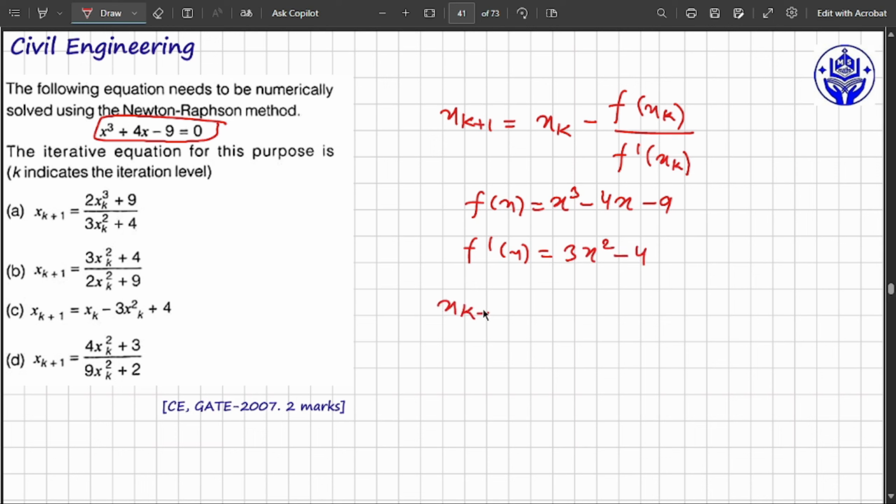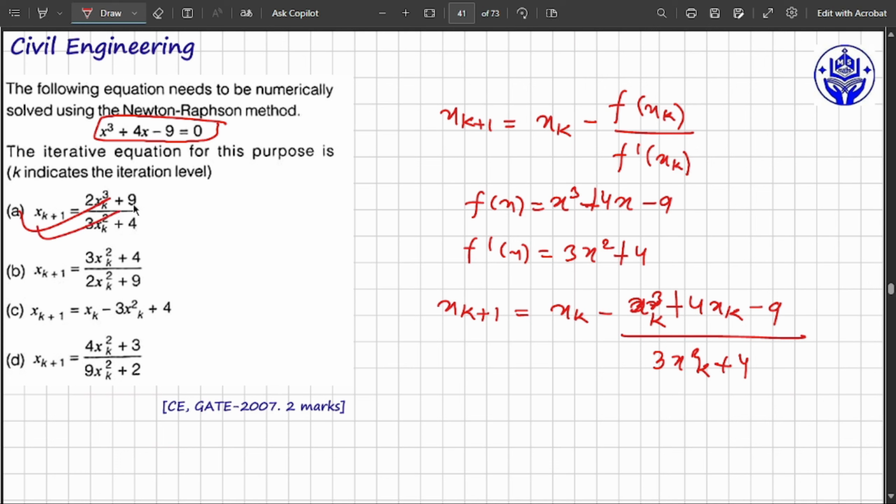Now if we put this here, x of k minus x cube at k minus 4x at k minus 9 divided by 3x square at k minus 4. And if you simplify it, you will get the correct answer.